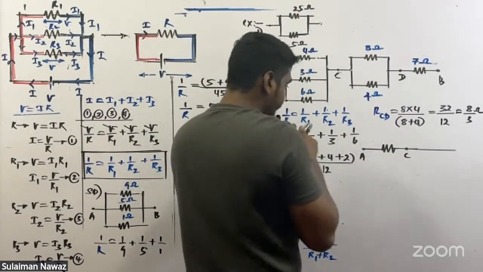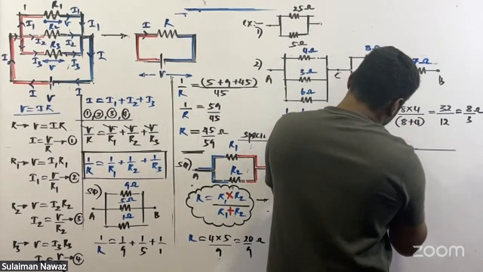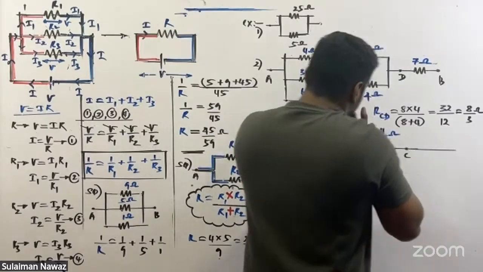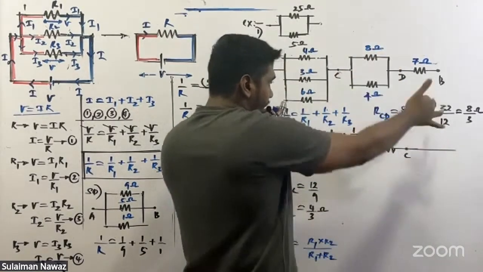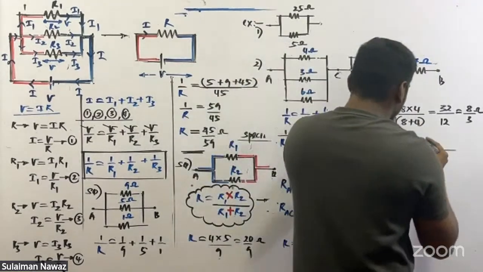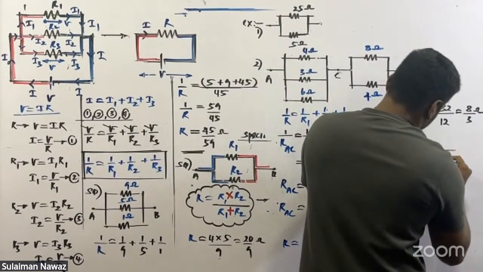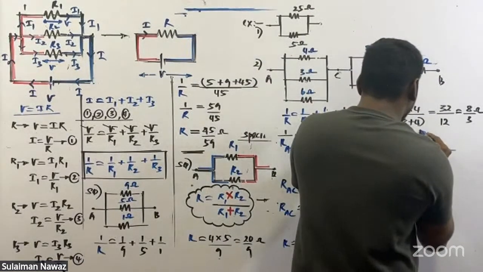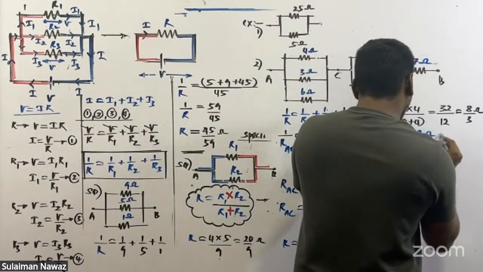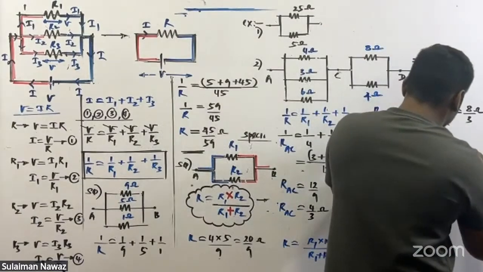That is 4 over 3. Am I correct? So then between point C and D, the equivalent resistance is going to be how much? 8 over 3. Between A and C it is 4 over 3 ohms. Between C and D it is 8 over 3 ohms. Then between point D and point B.